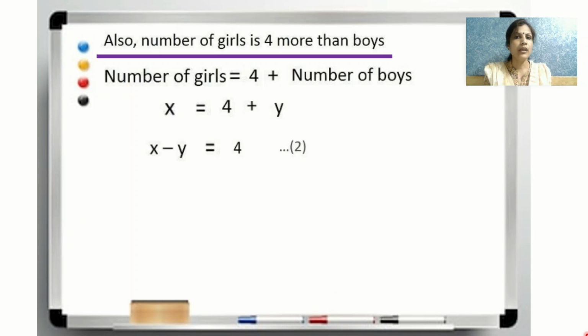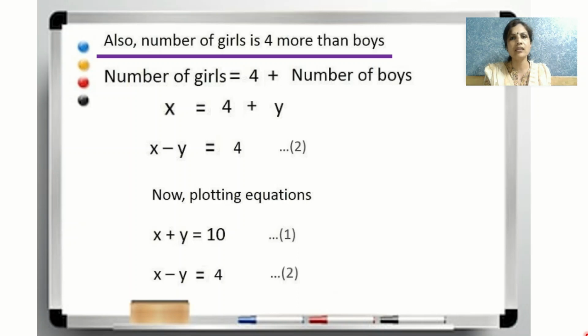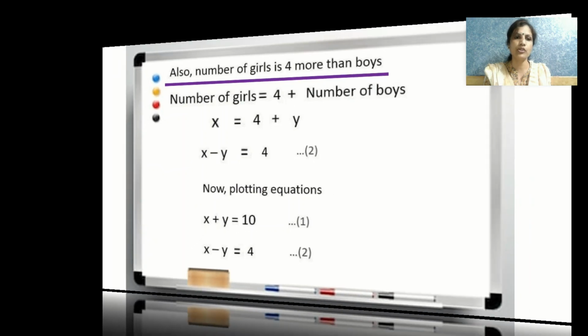Now we have got two equations and we have to solve these two equations in the form of a graph, or graphically we have to find this out. So when we have to solve the equations graphically, we need the coordinates. So let's try finding the coordinates for both the equations. We'll start with equation 1, x plus y is equal to 10.